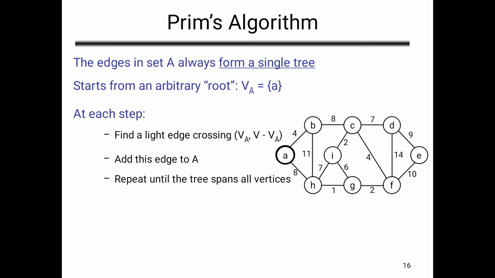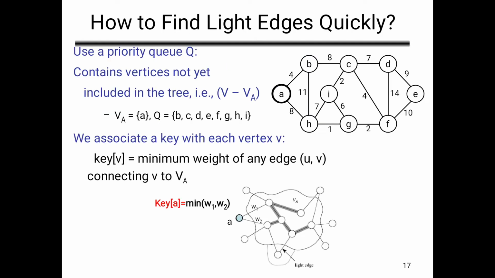In step 2, find all the edges that connect the tree to a new vertex. Find the least weight edge among those edges, and include it in the existing tree, like this.